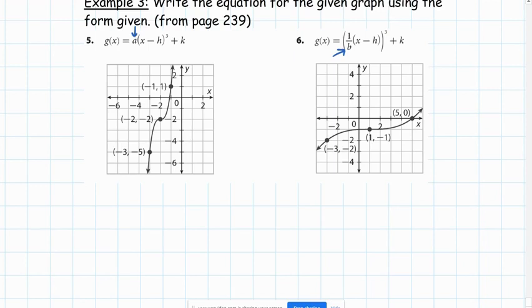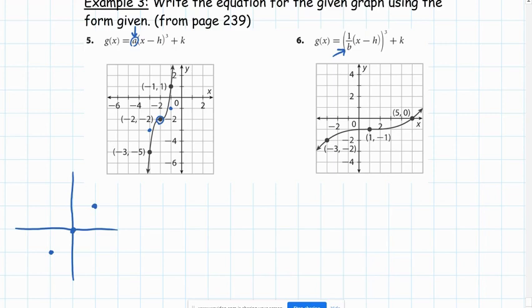And so for this first graph, it indicates that there's an A value, which means there's some kind of a vertical stretch or compression. And so we can see our parent graph, which would normally, if this is where our origin used to be, we would normally go over 1, up 1, and over 1, down 1. So on our parent graph, if you think about just a normal cubic graph, we always have these 3 points as our 3 anchor points.